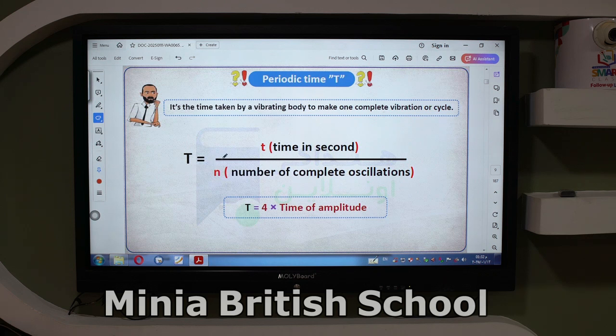So T capital equals t small over N. What's the N? The number of complete oscillations taken by the body. So we can also say that T equals 4 times the time of the amplitude.